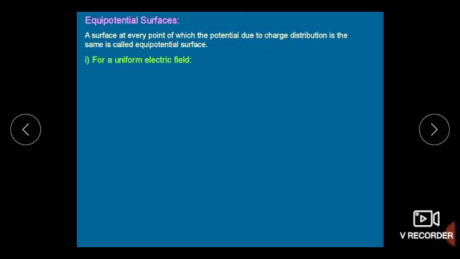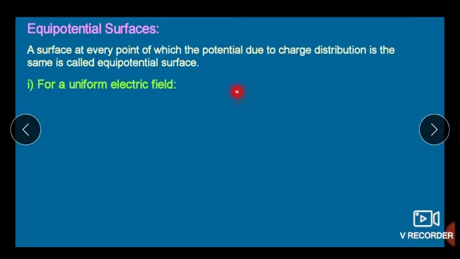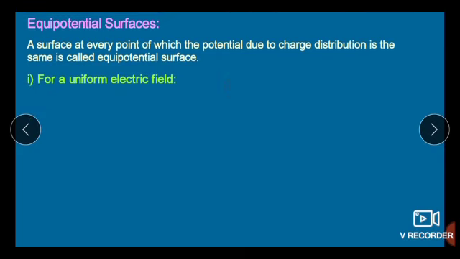Next part is equipotential surfaces. Means those points which lie on a surface having the same potential are called equipotential surfaces. So a surface at every point of which the potential due to a charge distribution is the same is called an equipotential surface.